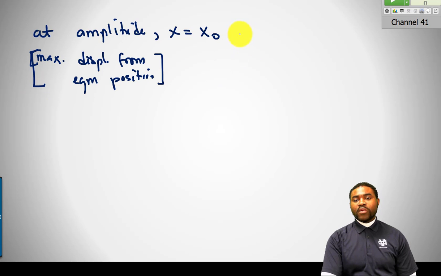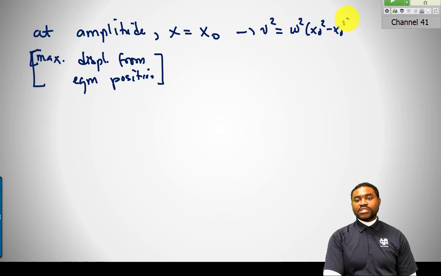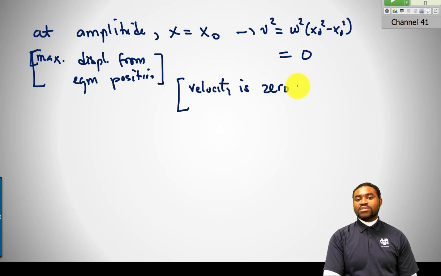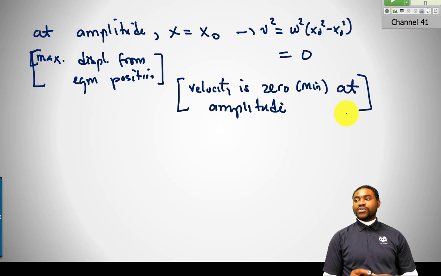At amplitude, this implies that v squared is equal to omega squared x naught squared minus x naught squared, which is equal to 0. So we could conclude that the velocity is 0. Some people would prefer to say minimum at amplitude. It's 0 at amplitude. Are we together?